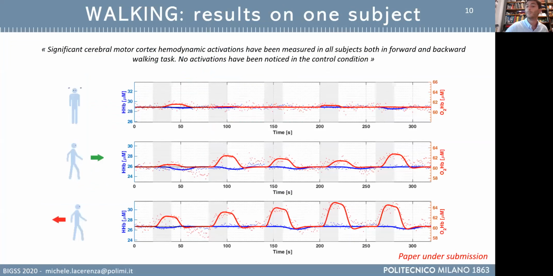Those are results from one subject. The other subjects are very similar. And as you can see, we don't have any activation in case of the control condition where no movement has been done by the subject.